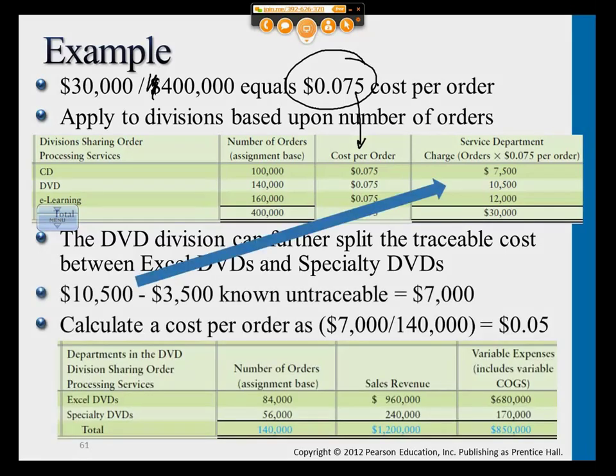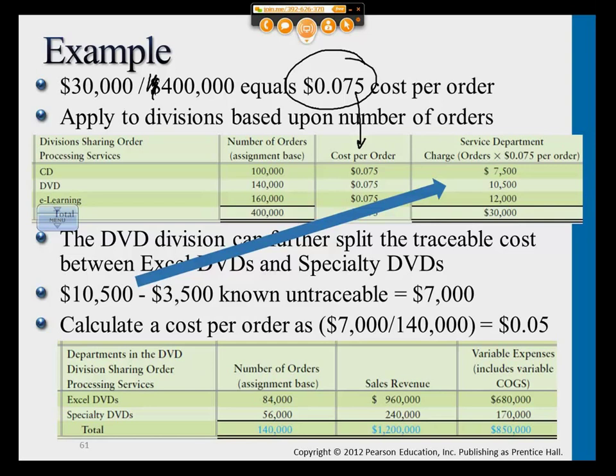So what am I going to do here? 10,500 is what I found as a service department charge. I also know that there is 3,500 as a known untraceable cost. So I'll subtract it, and I know that 7,000 I can't trace. So how am I going to trace this?